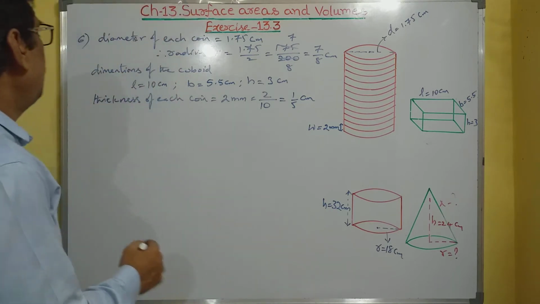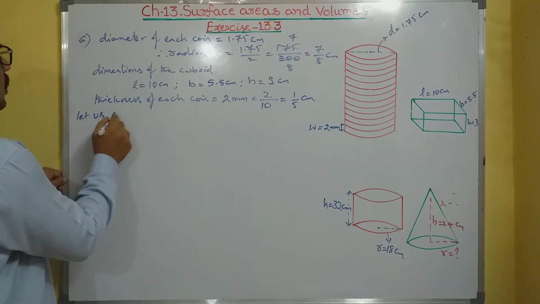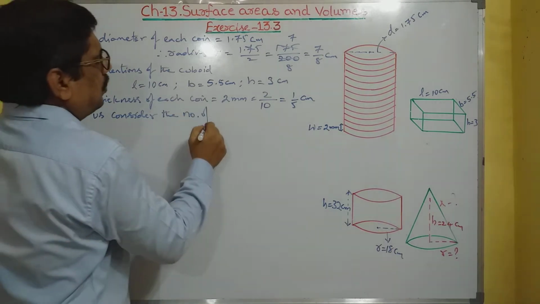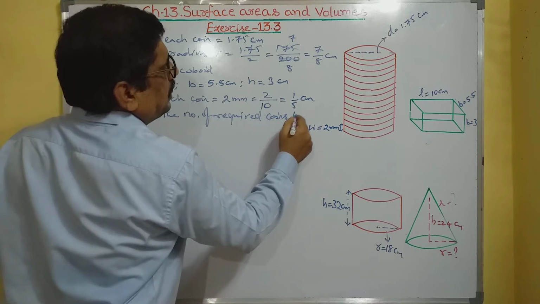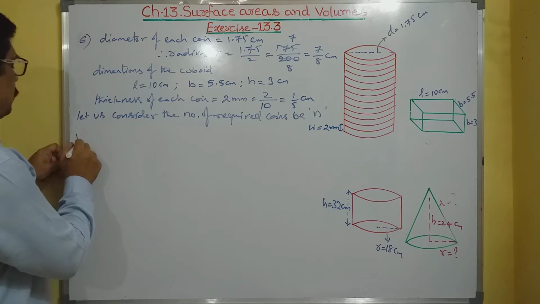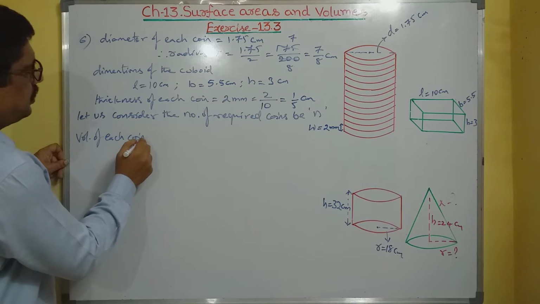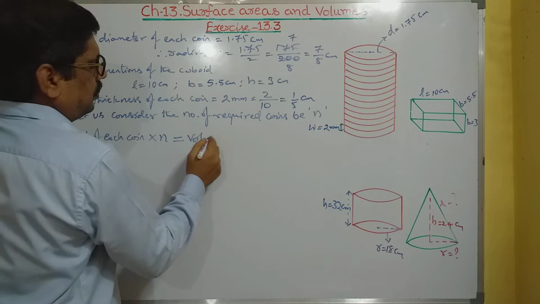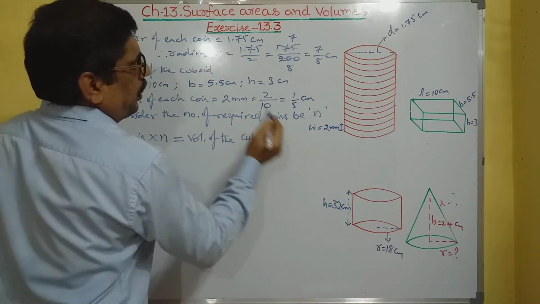Now let us consider the number of required coins to be n. Then volume of each coin into the number of coins n is equal to the volume of the cuboid.